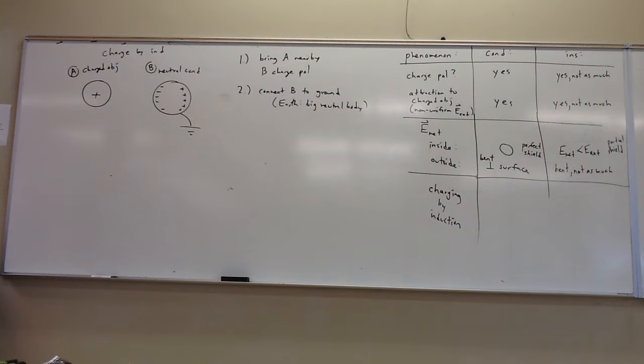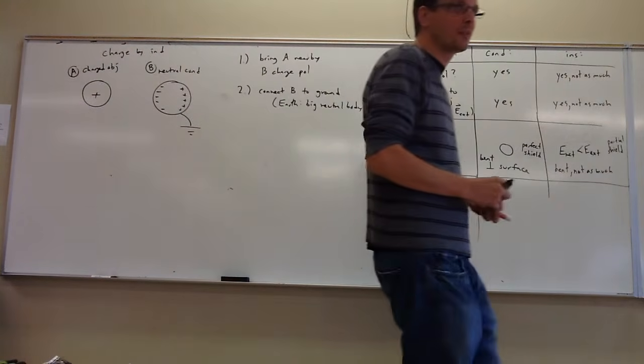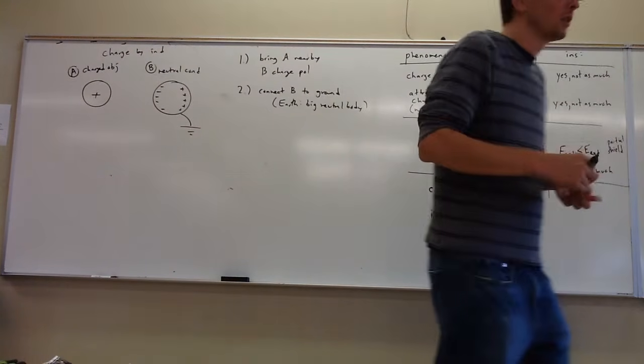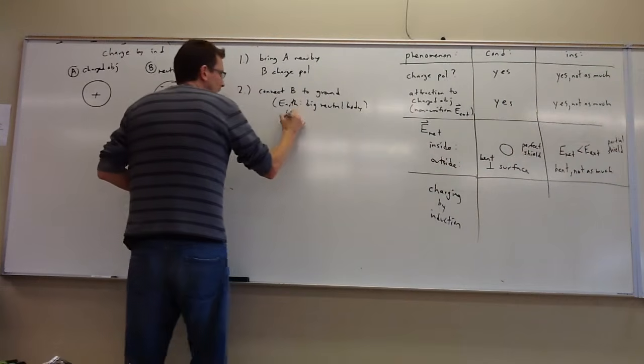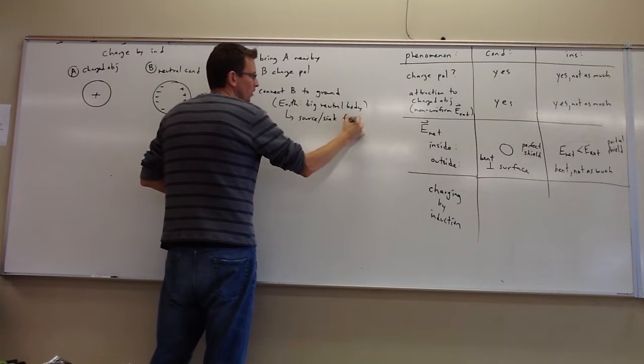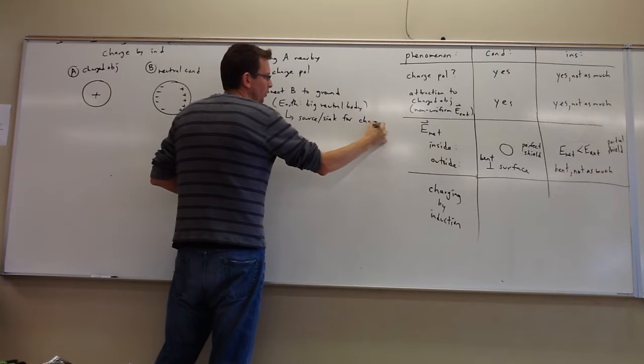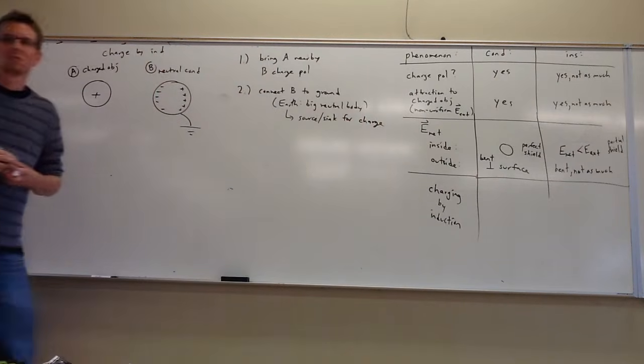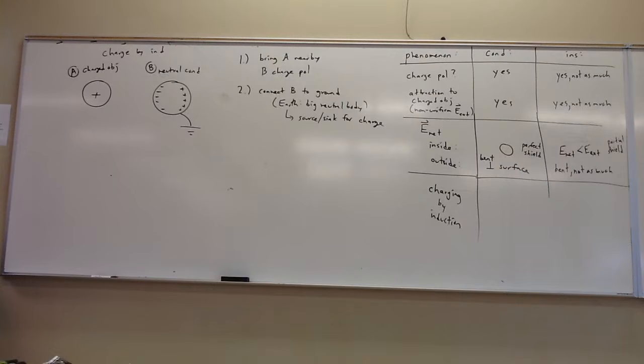The Earth is still neutral. And likewise, the Earth can also supply a large number of electrons, but still be basically neutral. So the Earth is basically a source or sink for charge while remaining neutral. We can get charge or send charge to the ground as needed. It'll still be neutral because it's very big.